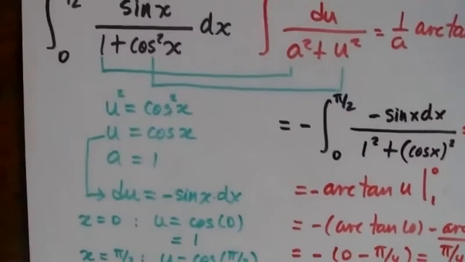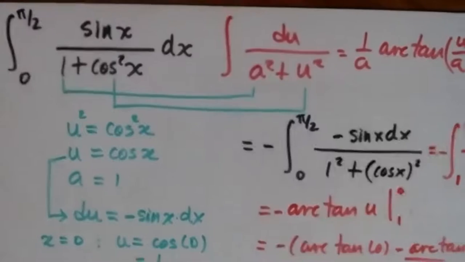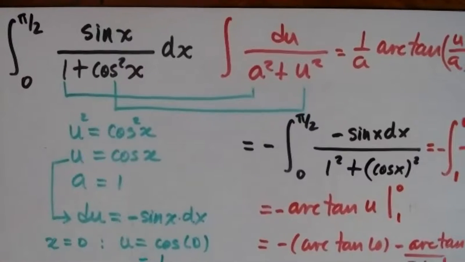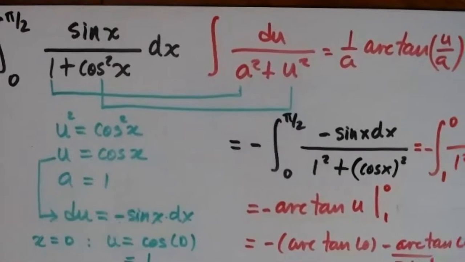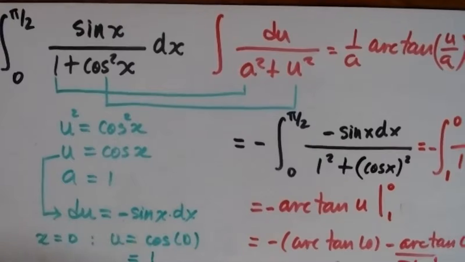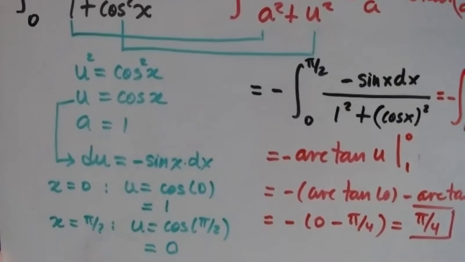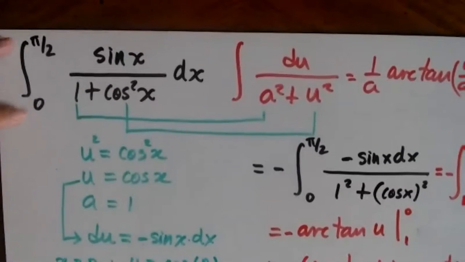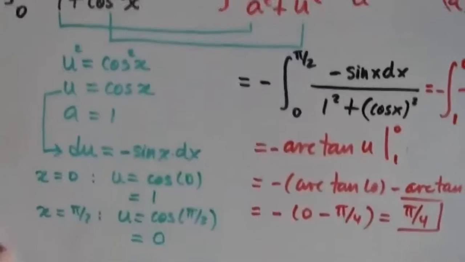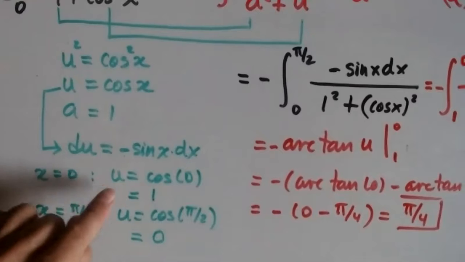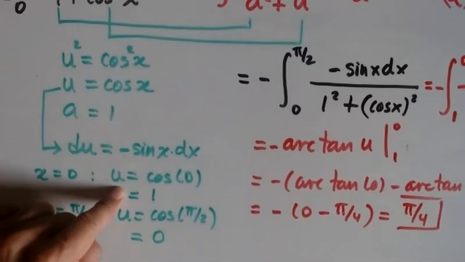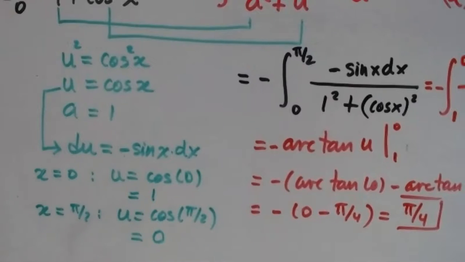Now again, the procedure, you have your integral, then you try to match a formula. Pretty much, do match term by term. You determine who's your u, who's your a. Once you have your u, get the du. Once you have the du, because you have limits of integration right here, you change them, and then you get new values for u.